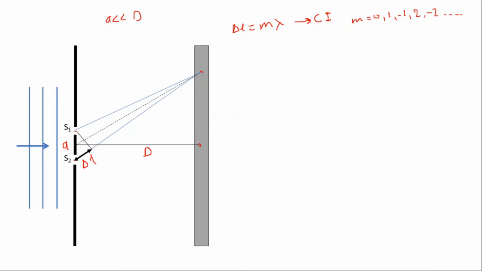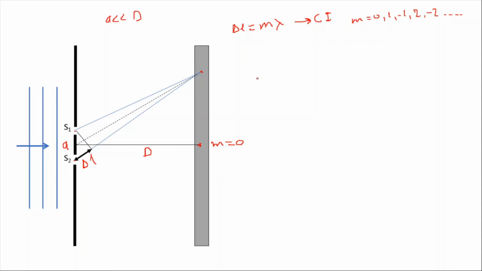At the center of the screen, the light from this source and from this source will have the same distances, so the path difference is going to be 0 in this case. Here we are going to have m equal to 0, and above this level the fringes are going to be called positive fringes, and these are going to be the negative fringes. That's why here I have negatives to represent the fringes below this level.